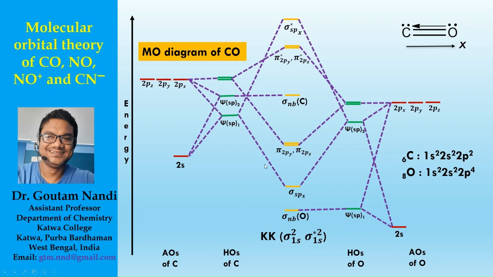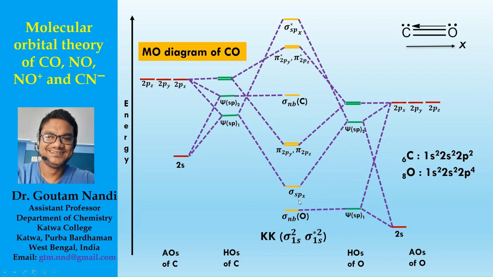Now, here in the main molecular orbital diagram, or the frontier molecular orbital diagram, the first one will be the sigma non-bonding oxygen, because psi sp1 of oxygen is not interacting with any orbital of carbon, so it will be non-bonding. And then psi sp1 of carbon and psi sp2 of oxygen will interact with each other to produce sigma spx.